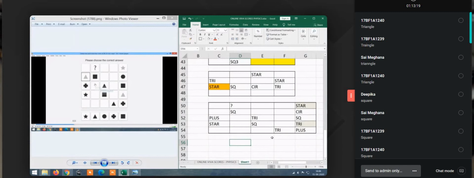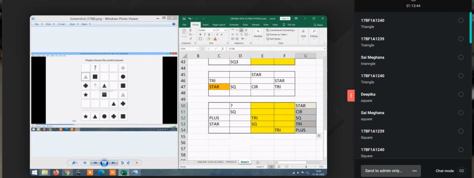Now where will the 4th triangle be? My question is, what are the possible areas for the 4th triangle? The 3 triangles, guys, it cannot come in this place. The 4th triangle cannot come in the yellow space. Right? Because you have a triangle. It cannot also come in this space because it is the same column.